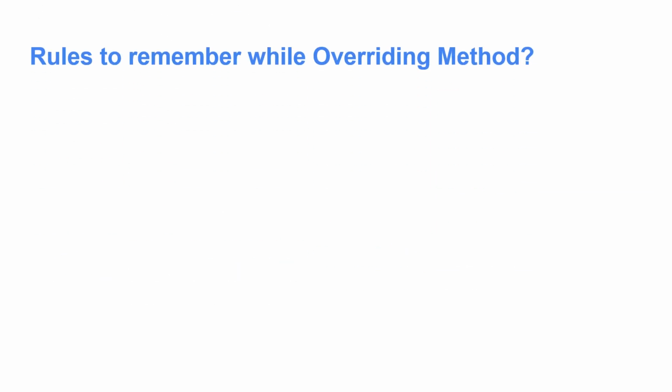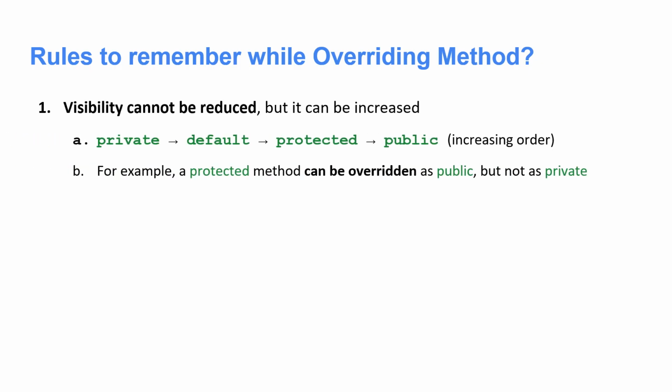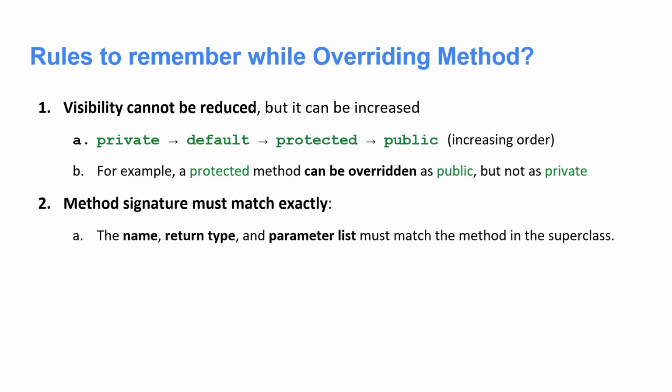Before you start overriding methods, there are a few important rules you need to remember. Rule 1, you cannot reduce the visibility of the overridden method. So if a method in the parent class is public, it must remain public in the child class. But you can increase visibility, like changing protected to public. Rule 2, the method signature must match, that includes the method name and the parameter list.